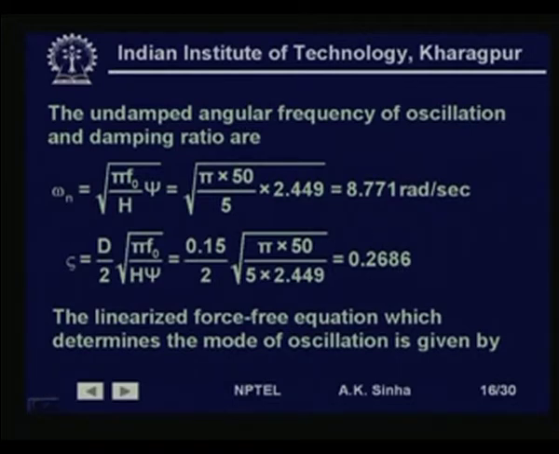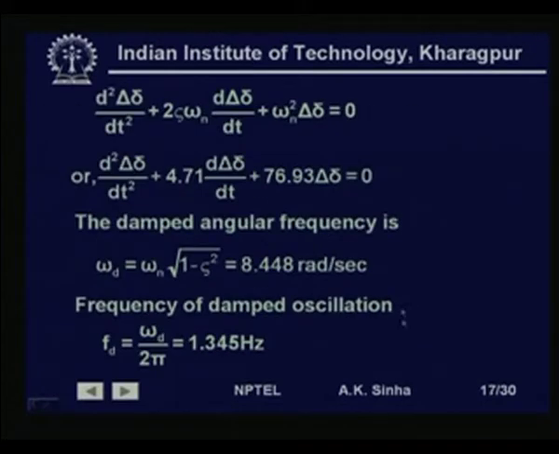Now, the linearized force free equation, which determines the mode of oscillation as we had seen earlier, is given by this relationship: d2 delta delta by dt2 plus twice zeta omega n d delta delta by dt plus omega n square delta delta is equal to 0. Now, substituting the values of zeta and omega n in this expression, we will get the expression for the machine connected to the infinite bus at the initial operating point, that is delta 0 is equal to 17.36 degrees.